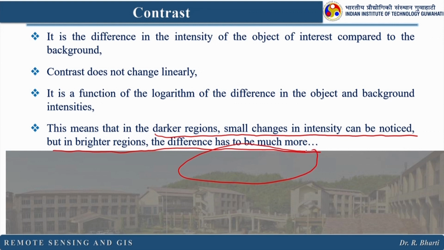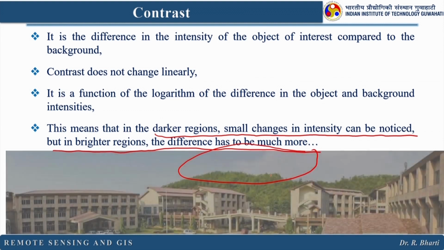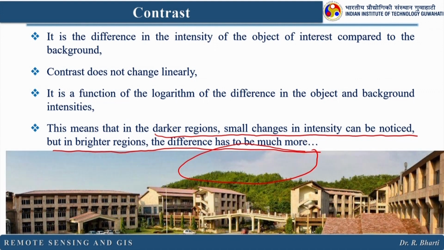In this image, there is nothing visible in the center of this circle, but as you change the brightness and contrast of your photograph, this will be very prominent. So if you have a brighter image, you need a very strong line or the difference should be more. But if it is dark, then lighter intensity can be noticed.